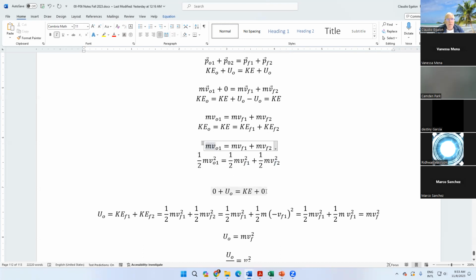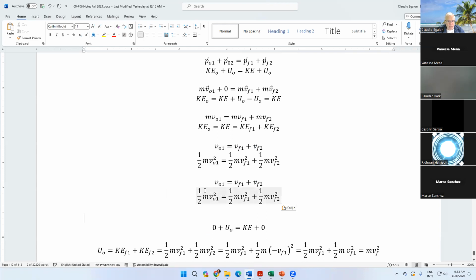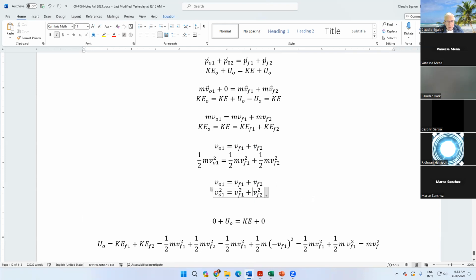I should have done that before. In my next step, I'm going to simplify those guys here. Half M, we're almost there. And now look what we have.